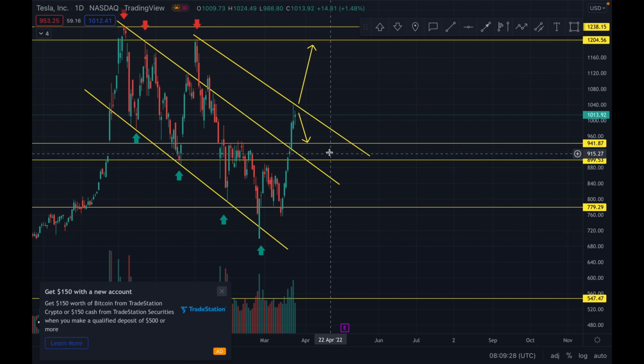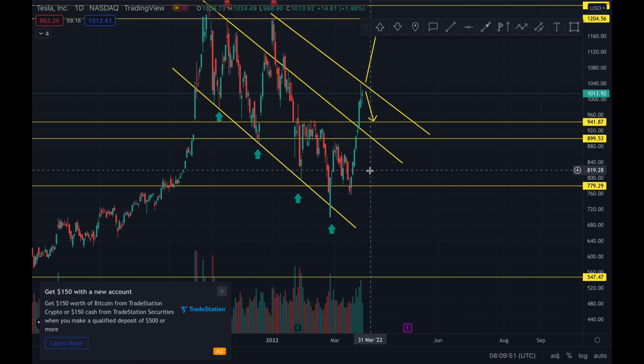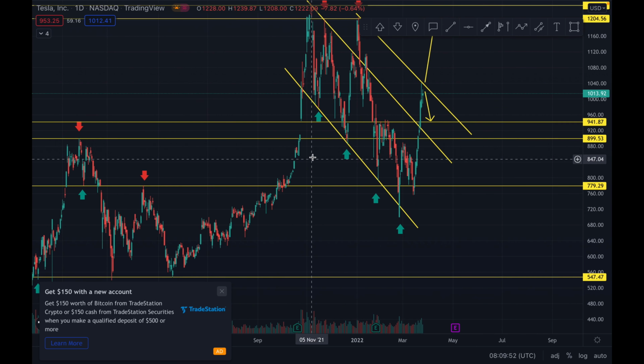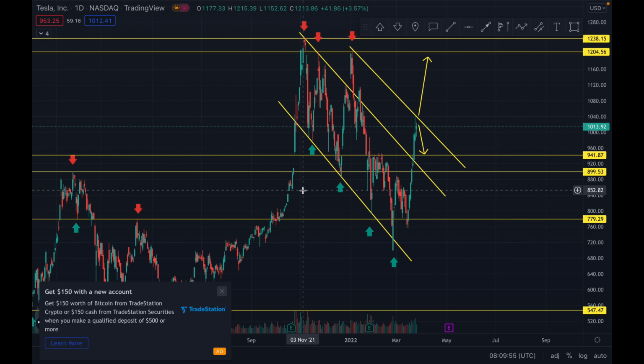Maybe tonight if it fails to break, then price will fall to 940, around 950, around this area. It's around a zone. If the price fails, then it will just go down. That's the little lesson on drawing support and resistance lines.